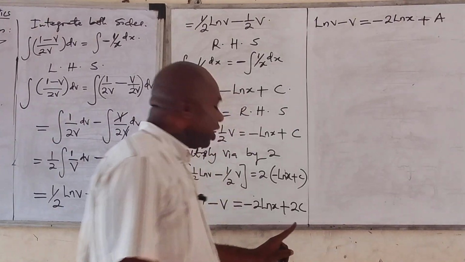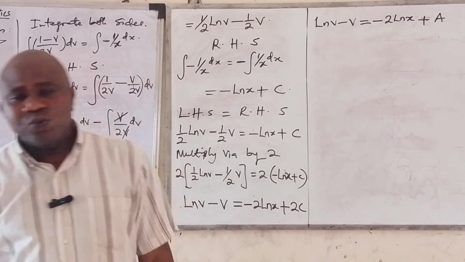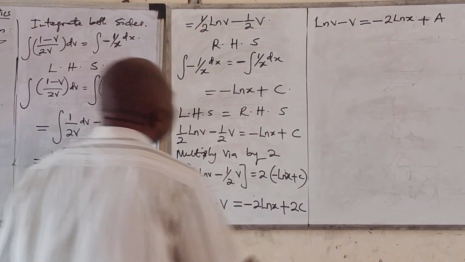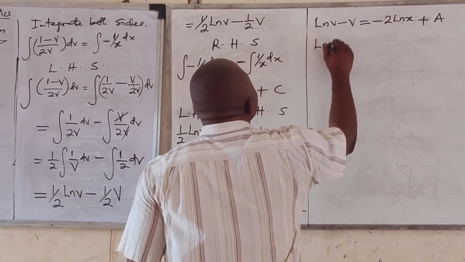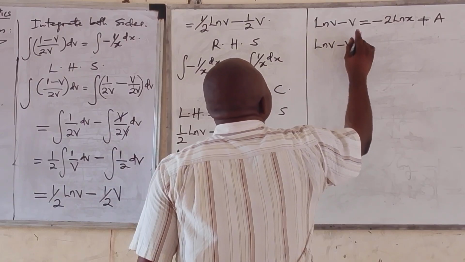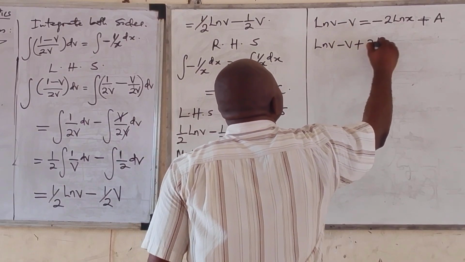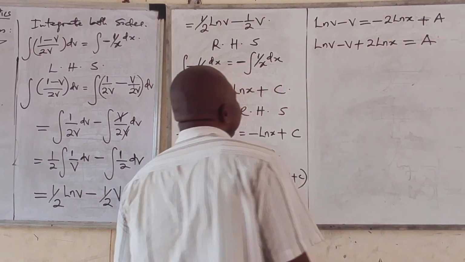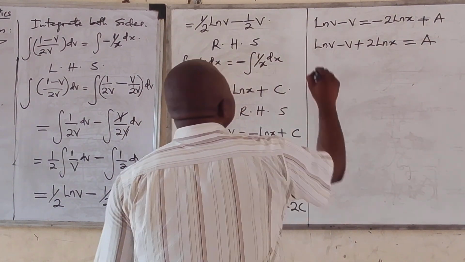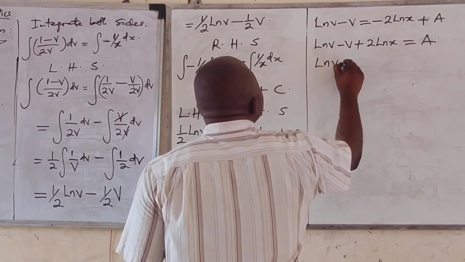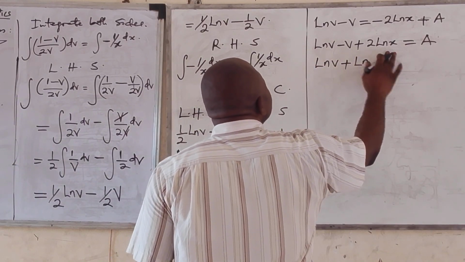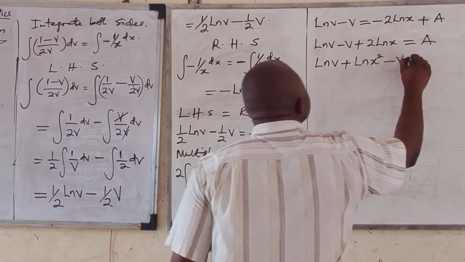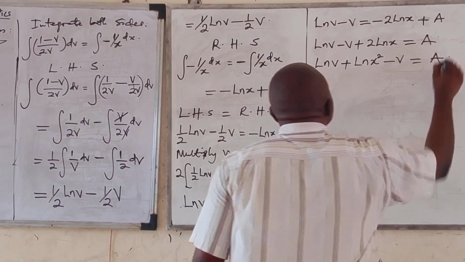Yes, since c is an arbitrary constant, 2c can be expressed as a. So here we have ln v minus v plus 2 ln x is equal to a. So this is the same as saying ln v plus ln x squared minus v is equal to a.